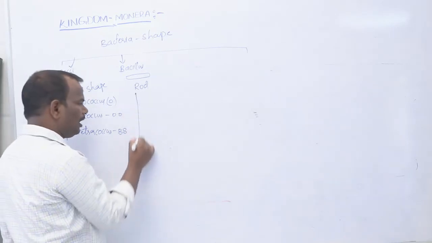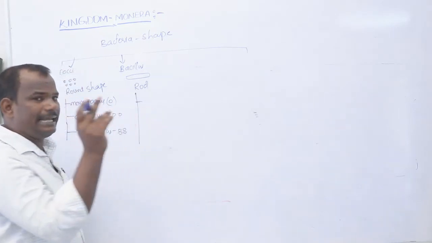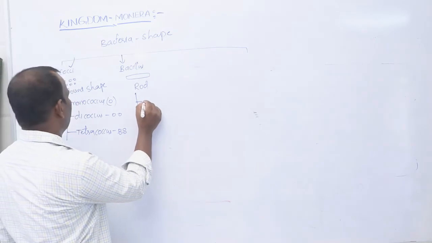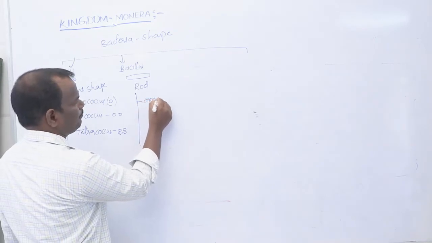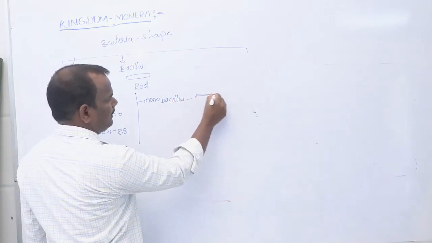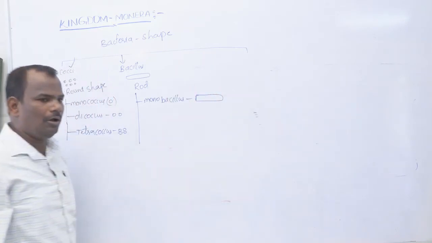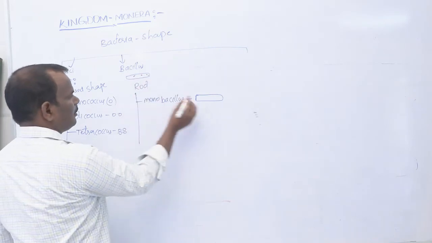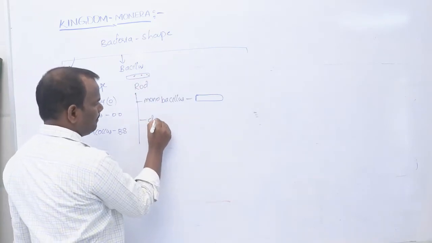This rod shape, where only one is there, is called the monobacillus. Next, another one is the dibacillus.